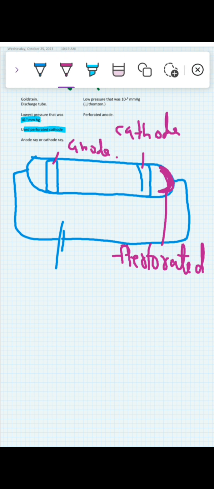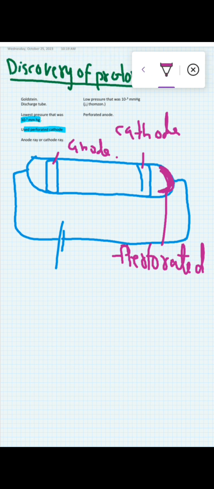So what he did, he said that the rays which come from anode to cathode, जो रेज एनोड से कैथोड की तरफ आती हैं, मतलब which come from negative to positive, नेगेटिव से पॉजिटिव की तरफ आती हैं. So there was a glow on this perforated cathode.